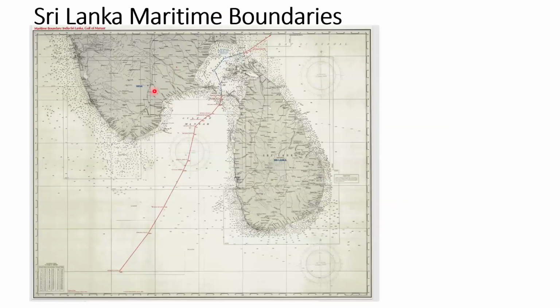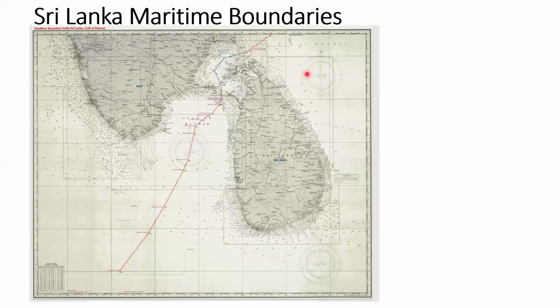Now, this is the Sri Lankan maritime boundary. You can see there is a line. Since we are an island nation, only on one side are we adjacent to another country, that means Indian territory. All the other areas, Sri Lanka has sea.